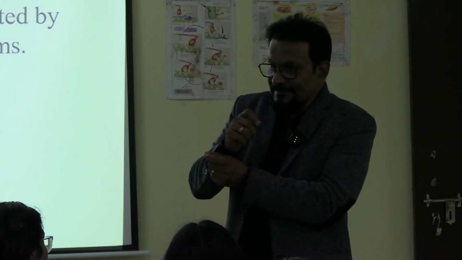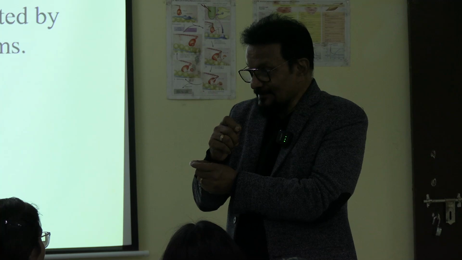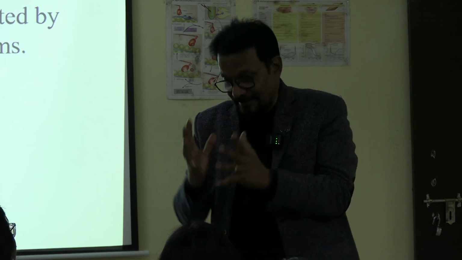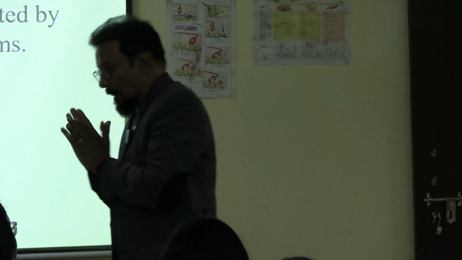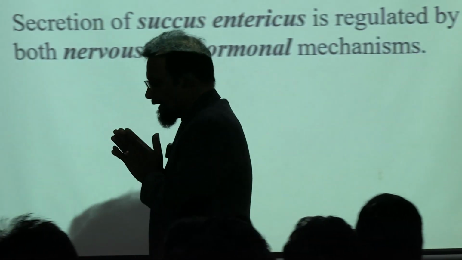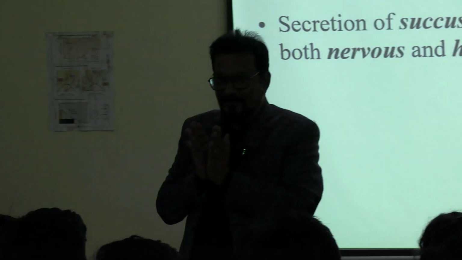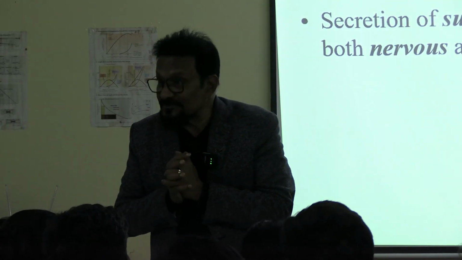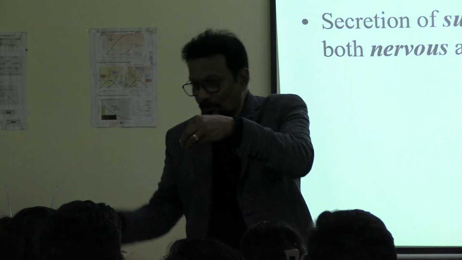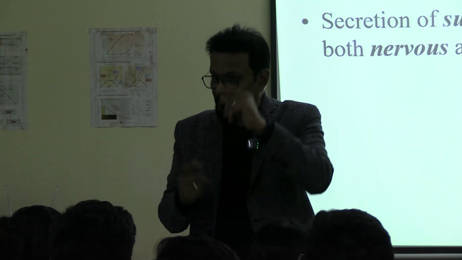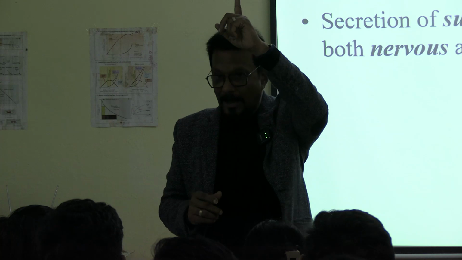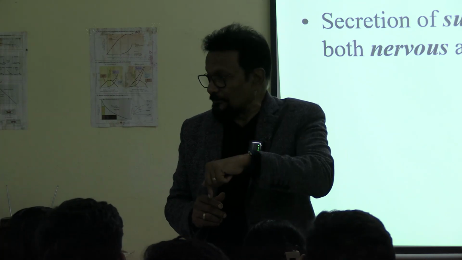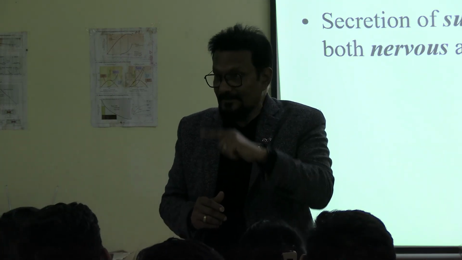It immediately sends impulses to Meissner's plexus. I'll discuss in detail: there is one nervous system in the GI tract called the enteric nervous system. These are local. Usually, higher centers don't interfere with their work, but if necessary, they can interfere.